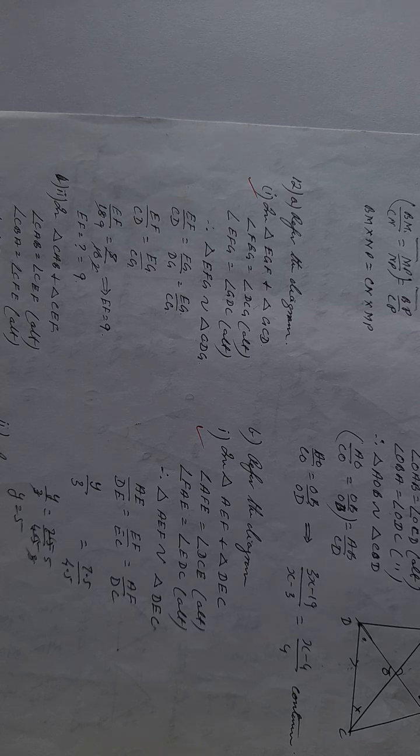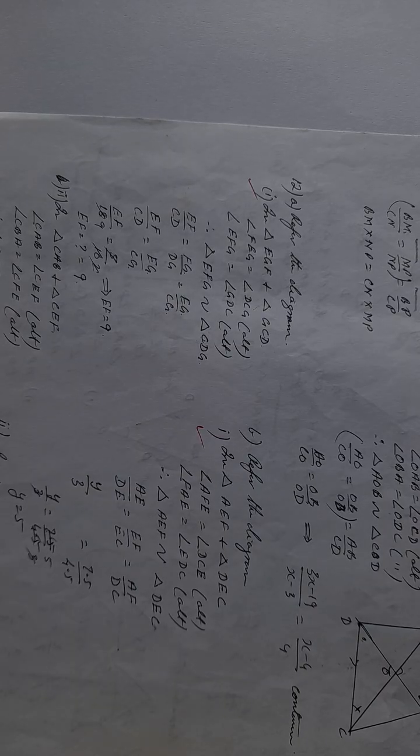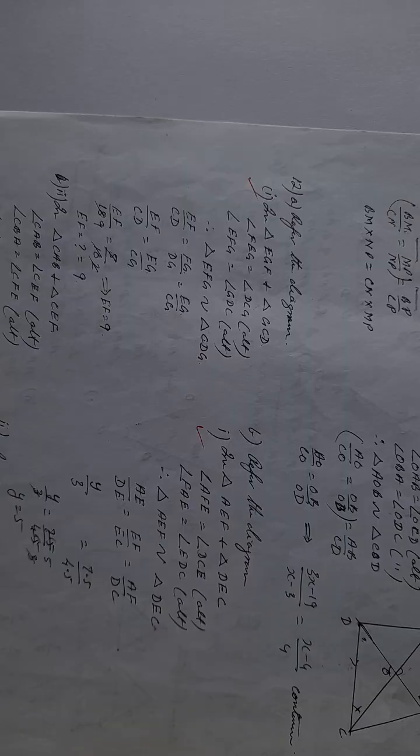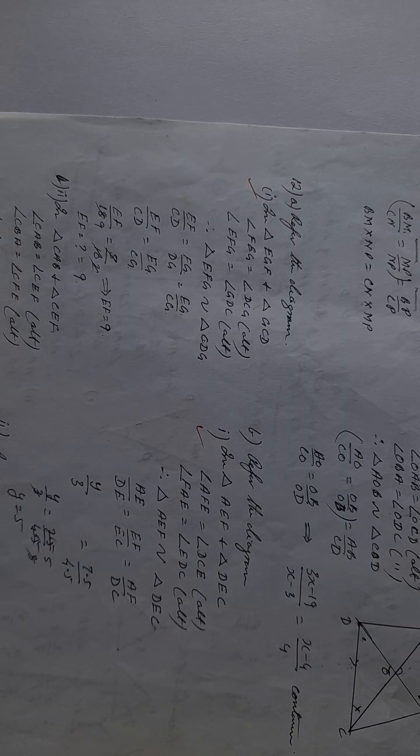In EGF and GDC there are three values given, so it will be easy for me to find the fourth value. Got it? You prove those two triangles similar, because EF and DC are parallel. So alternate angles are equal, I have already mentioned it over there. Alternate angles equal, therefore the triangles are similar. Write the ratio, get the value. Finish. Simple as that.